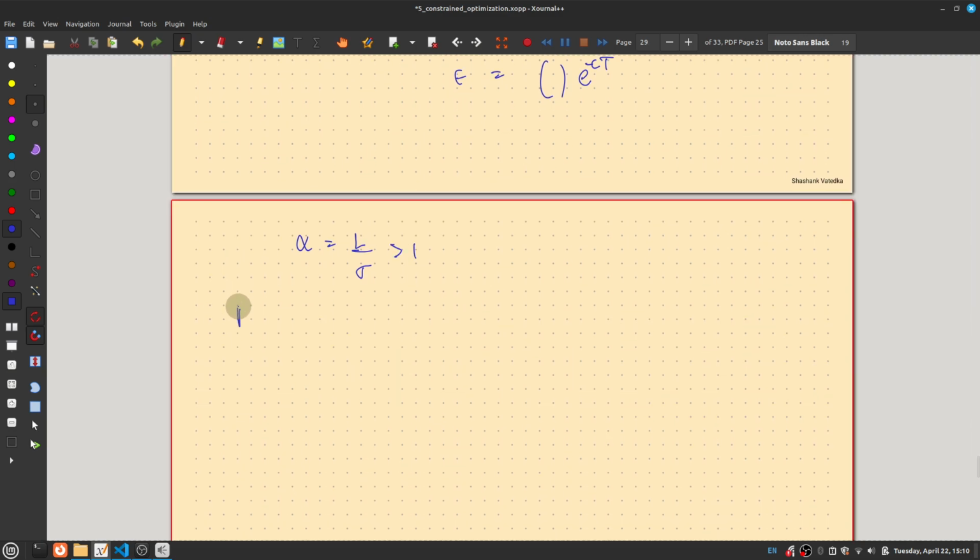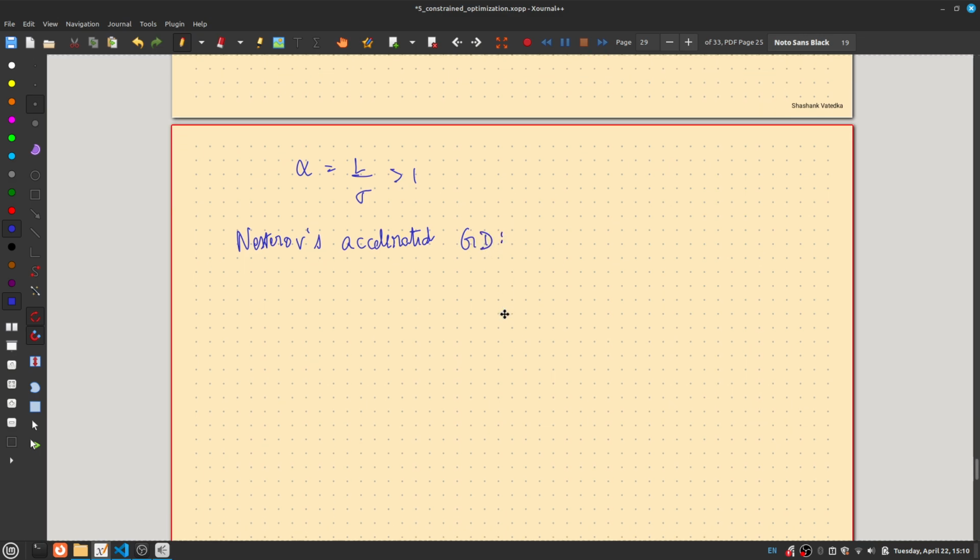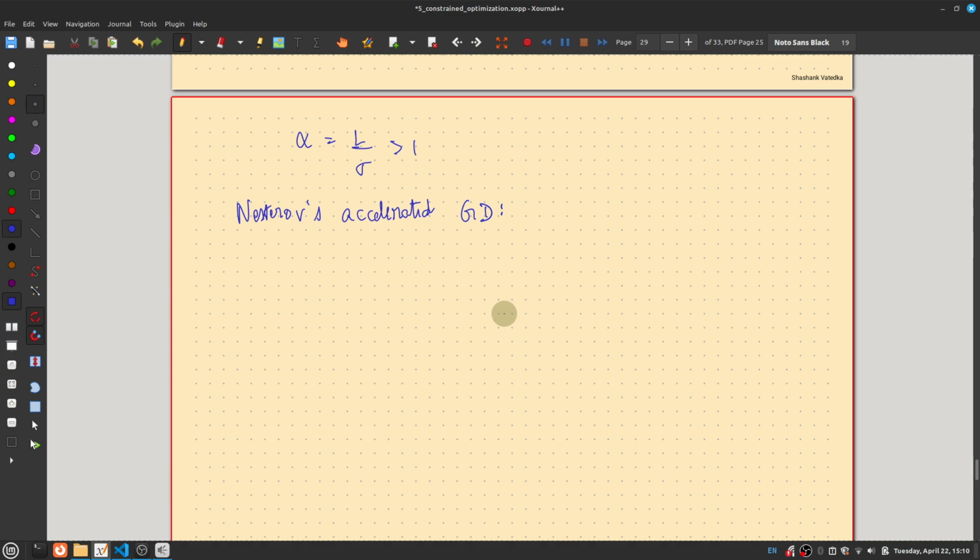Then the original version's iterations look something like this. You run the following.